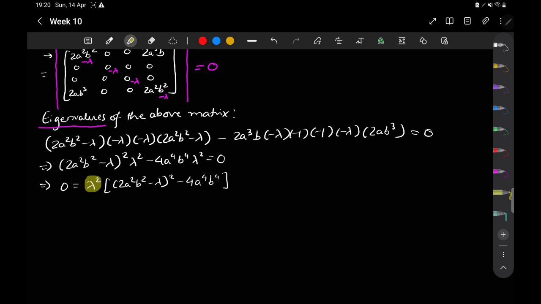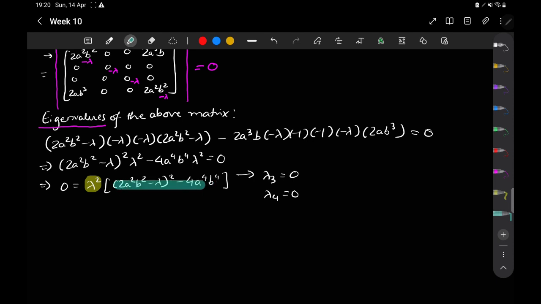So from this term we get lambda 3 equals 0 and lambda 4 equals 0. Why this? Because we need to arrange the eigenvalues in descending order. So the first two eigenvalues will come from this term and they will be non-zero. That's why lambda 3 and lambda 4 are 0.